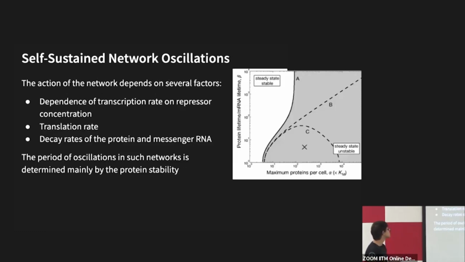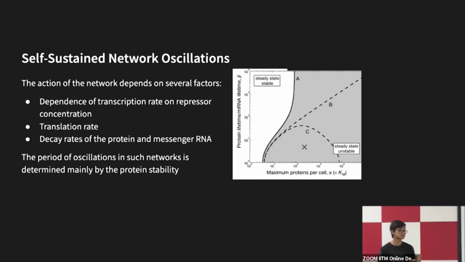Now, in terms of the oscillations, which are the readout of the system itself, they depend on quite a few factors. There's a dependence on the repressor concentrations. The concentration of each of the proteins also affects the action of the network.